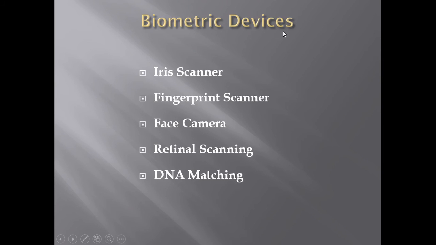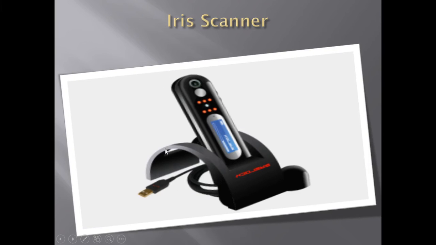So we have biometric devices like iris scanner, fingerprint scanner, face camera, retinal scanning, and DNA matching. This is an example of an iris scanner. You put your eye and the signatures are matched, and if it is okay, then you are allowed.